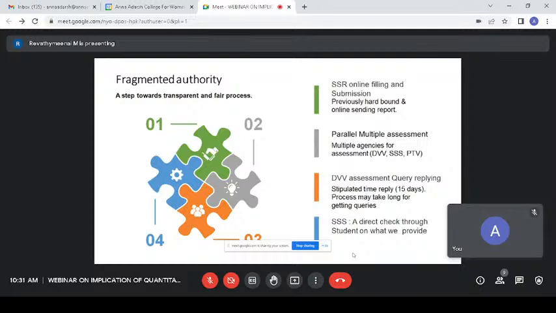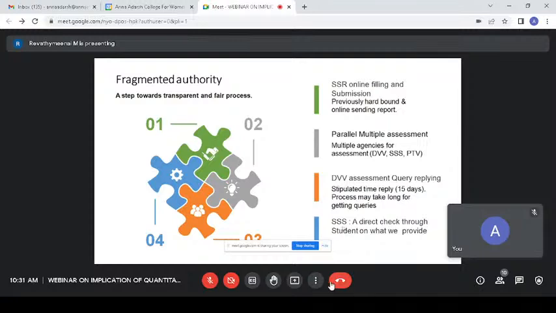Somebody takes care of the DVV. Somebody takes care of the SSS. Somebody takes care of the PTV. They all work independently. The DVV assesses the data, comes out with some queries and asks you to reply to those queries. Whereas whatever is asked in criteria 2 is indirectly asked to the students in the student satisfaction survey.